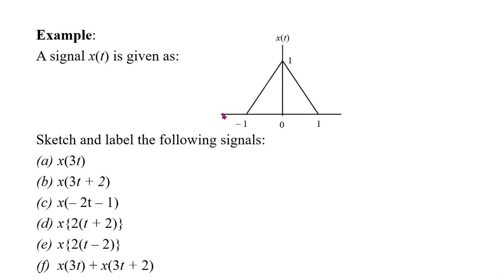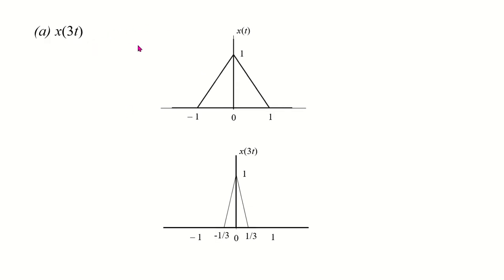For example, we have a signal xt here, and we are required to sketch the following signals, starting with x of 3t, which is a simple signal talking only about the time scaling of the original signal xt. For x of 3t, as I told you, the scaling factor here is greater than 1, which means that the signal will be compressed.